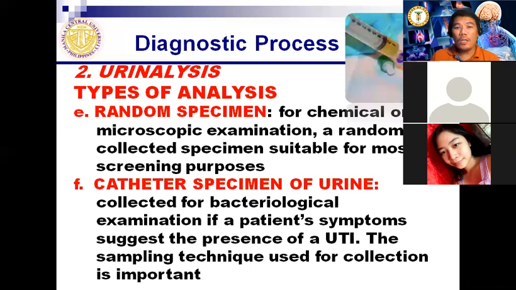So usually the catheter specimen of urine is used to really identify the presence of UTI.